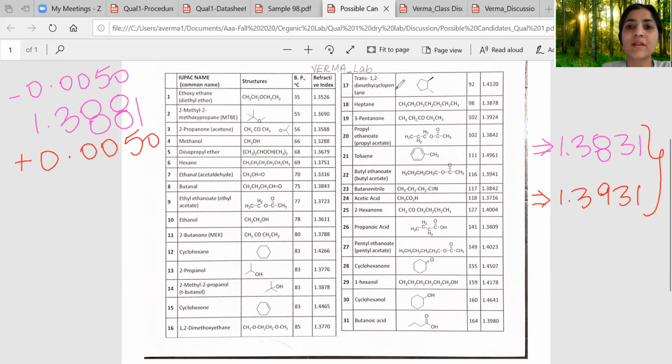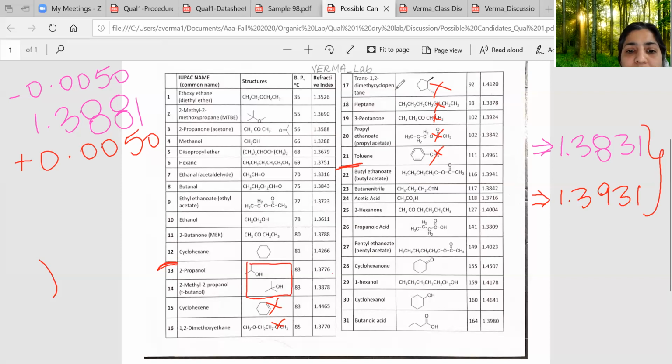So if you remember, we had earlier focused from 83 to 114, and then we had eliminated all the non-IR matching compounds, and now I'm only focusing on these two.